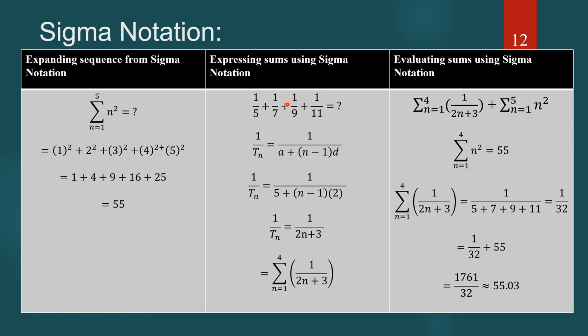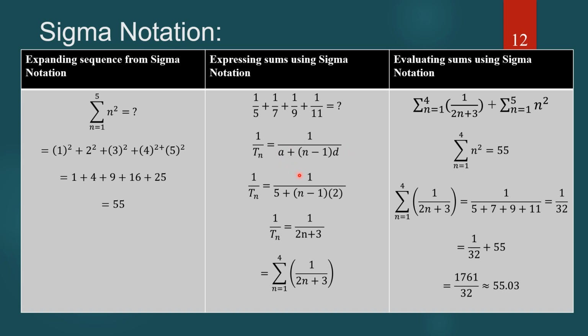My immediate next step, I noticed that we actually have an arithmetic sequence in the denominator, so I made everything to be all over 1, as you see here.